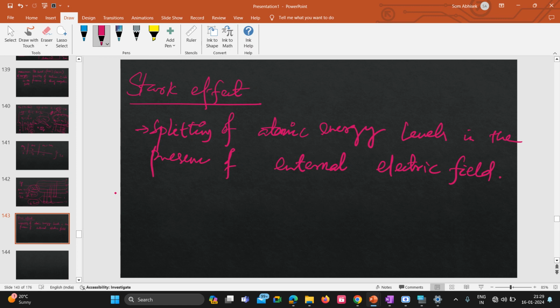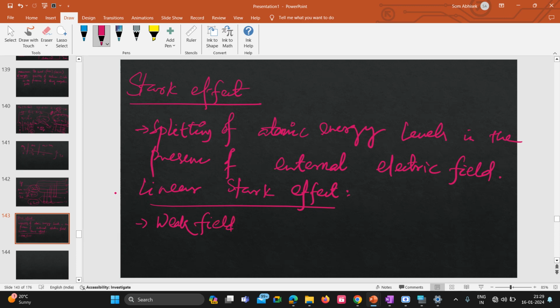Okay, so what is the linear Stark effect? It is a weak field effect. The selection rule is del mj is equal to 0 plus or minus 1.